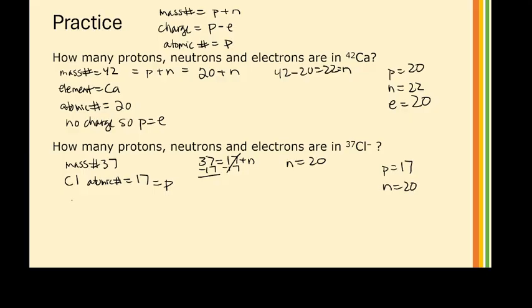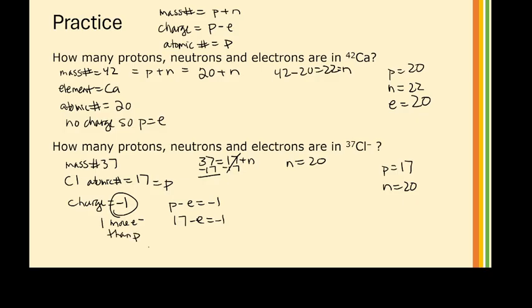And then my charge is -1. So you can either use math and say that the protons minus the electrons equals -1, and I know the protons is 17, so 17 minus E equals -1, and then do some math and figure it out. Or I could say this means that there is one more electron than proton, because that's how it has a negative charge.